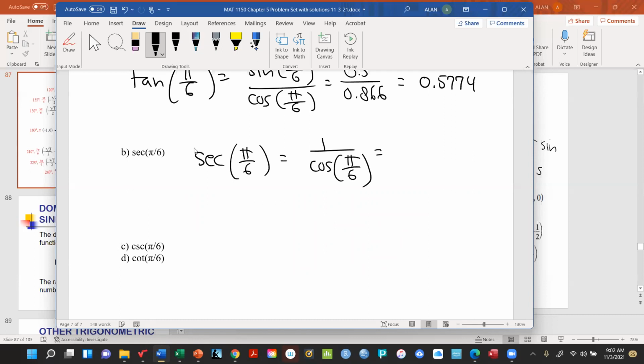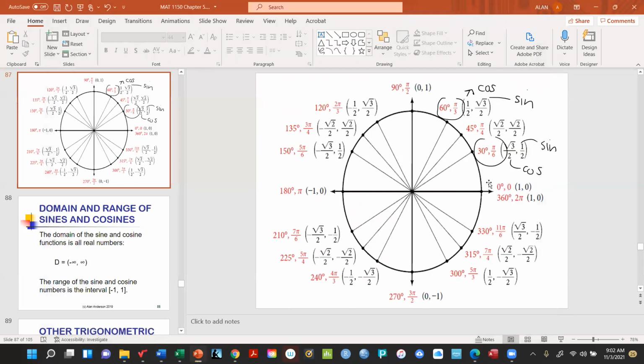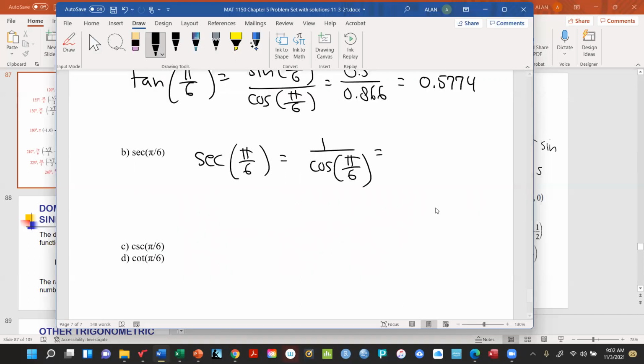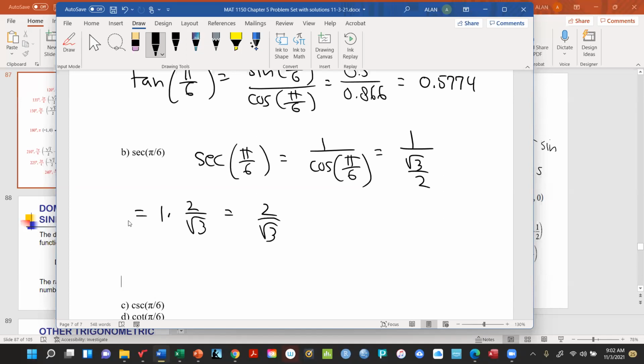Now the cosine of pi over 6 is right on the unit circle, radical 3 over 2. And then we can rewrite this as 1 times 2 over radical 3. And then we can write this as 2 radical 3 over 3. Okay. So you can now, of course, go ahead and do this on your calculator.